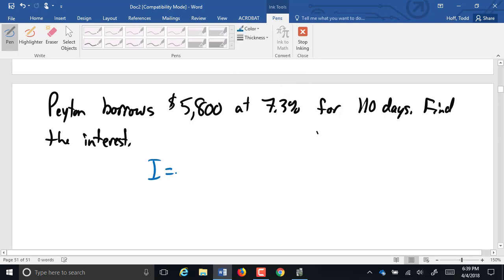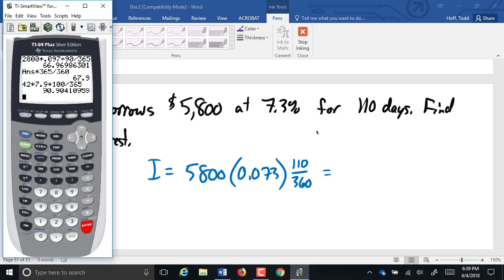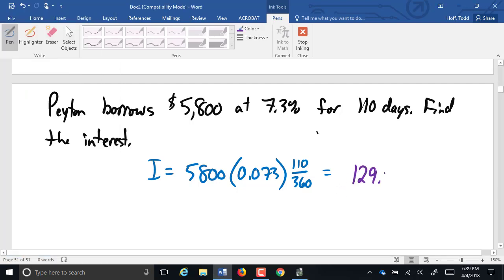So I equals 5,800 is my principal times 0.073 is my rate times 110 over 360. Perfect. So we get 129.37.